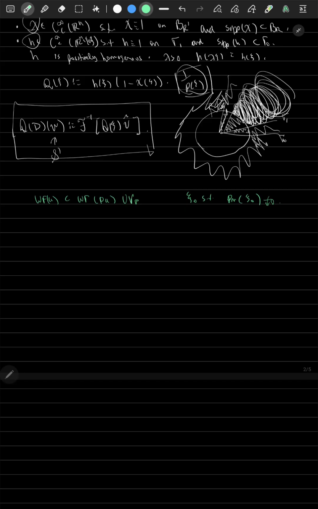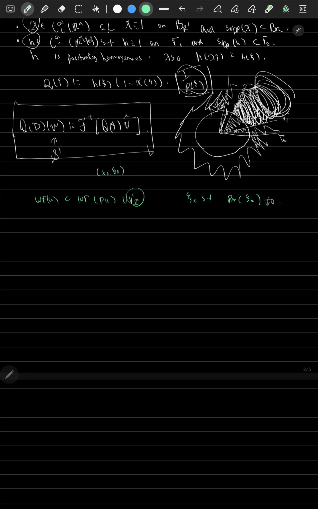So this xi is already not in V_P, right? This is important because the strategy will be to prove the contrapositive here. We want to take a point (x0, xi0) that is not in this set, and we want to show that it must not be in this set also. And that'll prove what we want.